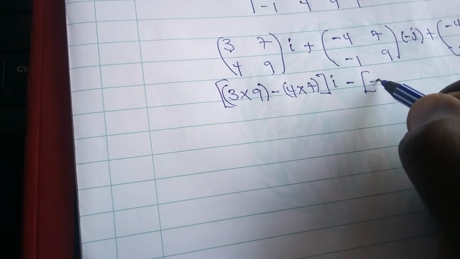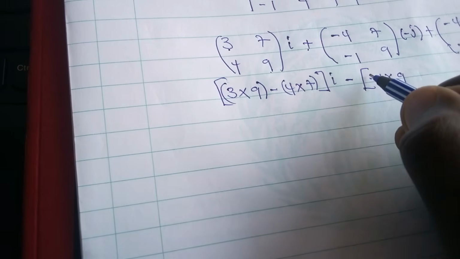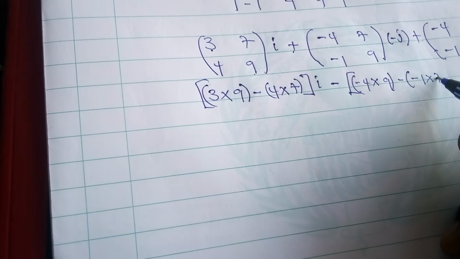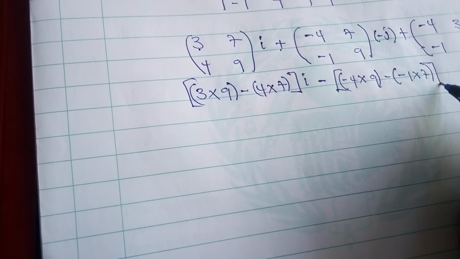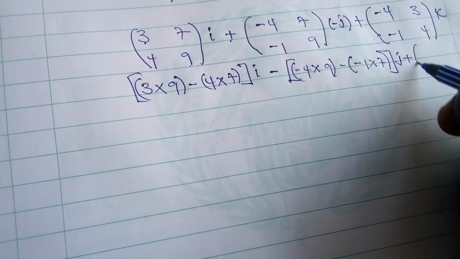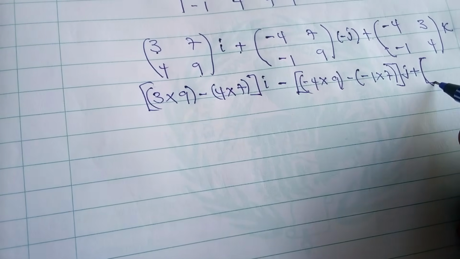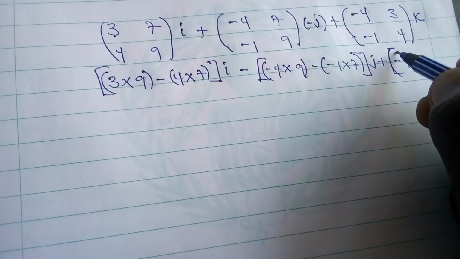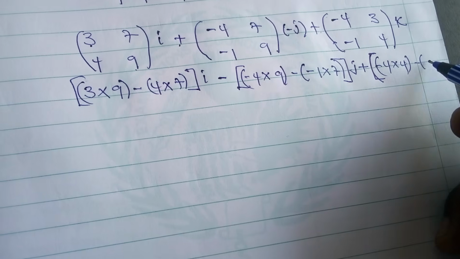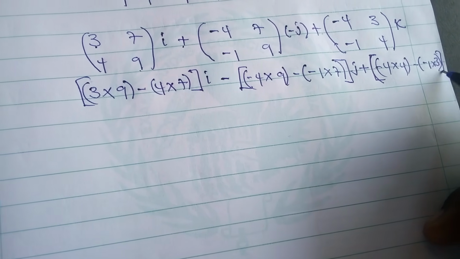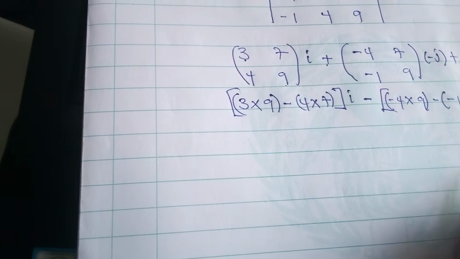So negative 4 times 9 minus negative 1 times 7, that is j, plus you are having negative 4 times 4 minus negative 1 times 3, that is k, and then you just simplify.